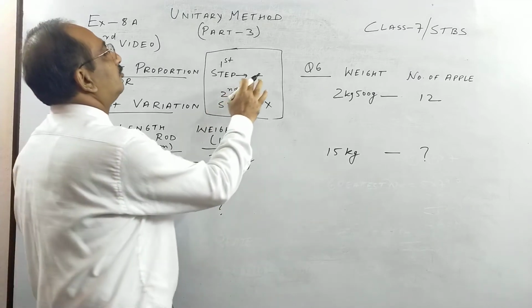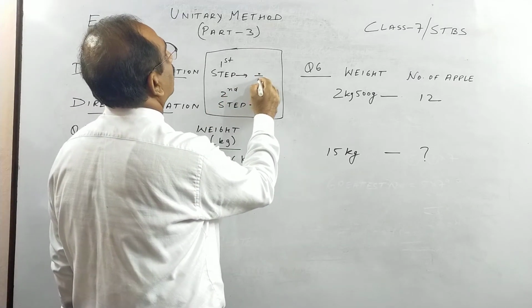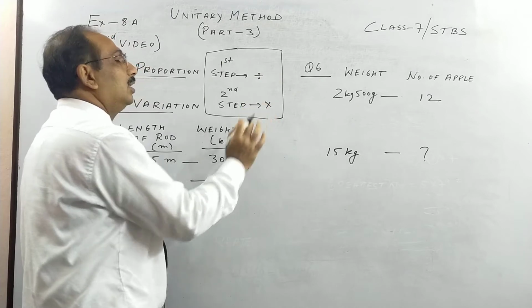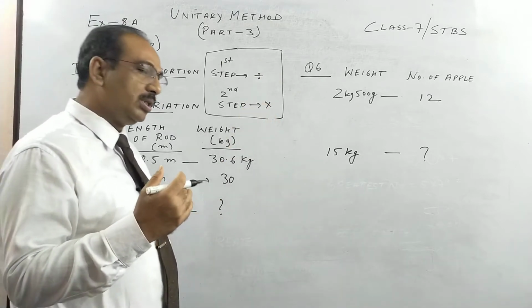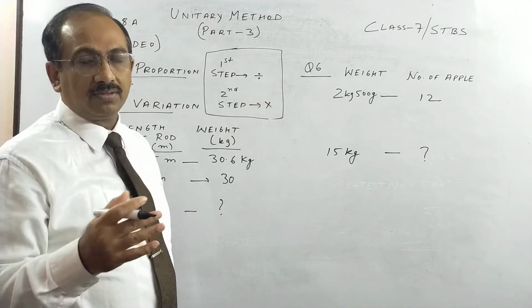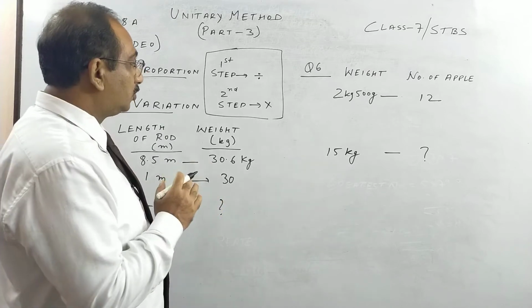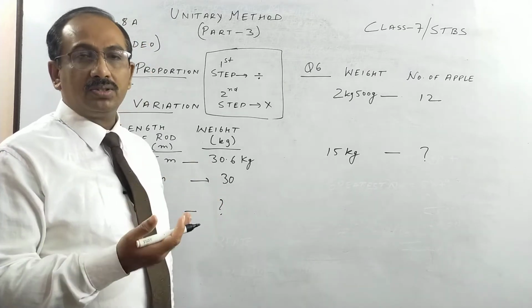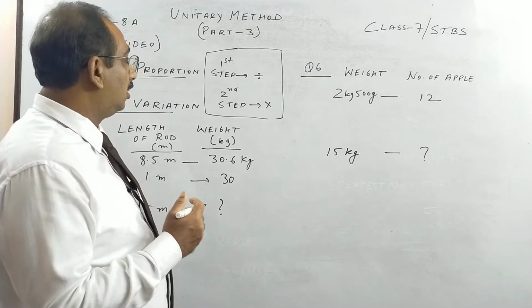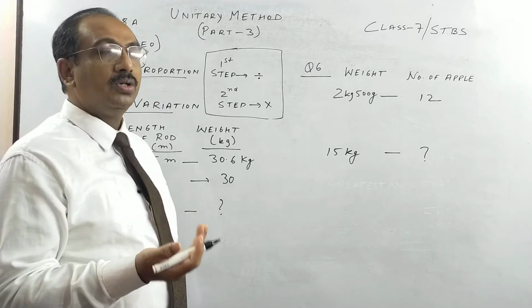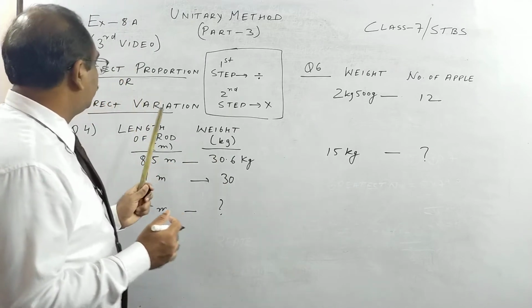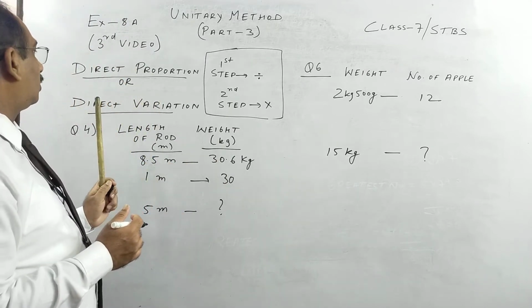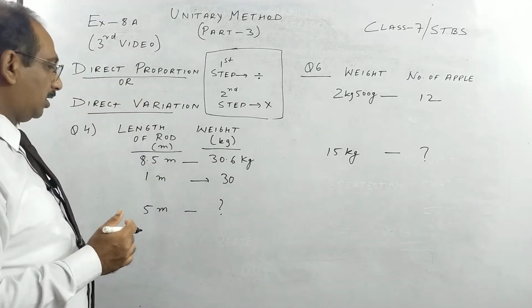In inverse variation, first step we multiply and second step we divide. So you have to see, because the exam will not say this is direct variation or inverse variation. So through practice, you can practice from other books also, any source you get, you can check on the net. You need to practice more so that you learn where to apply direct variation or inverse or indirect variation.